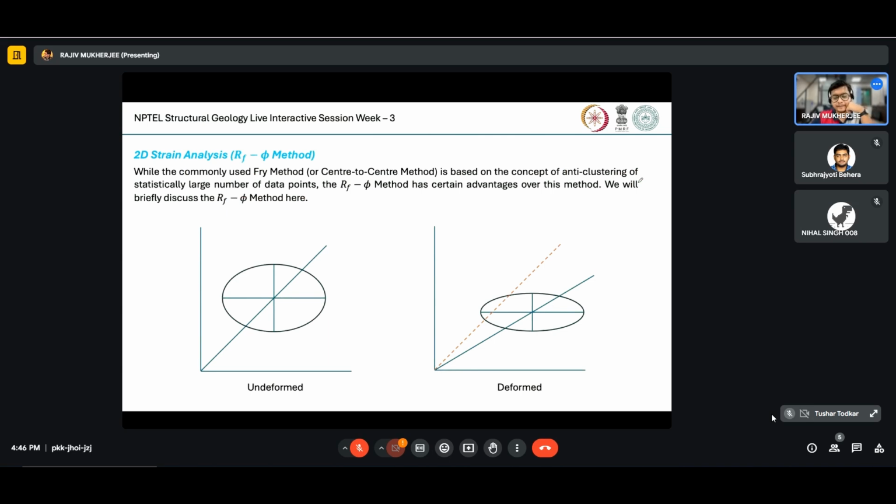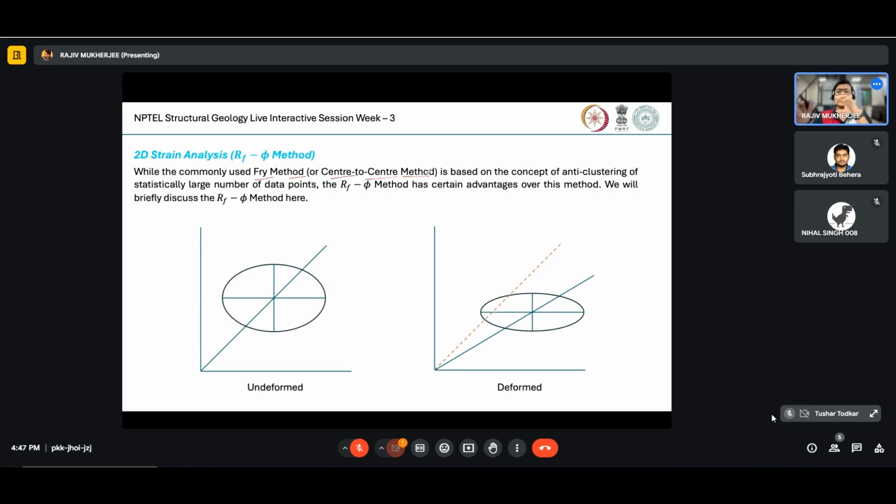Now we will see 2D strain analysis, and in the third video of week 3, you have already learned about the Fry method, which is commonly known as the center to center method, right? Now this Fry method is based on the concept of anti-clustering of a statistically large number of data points.